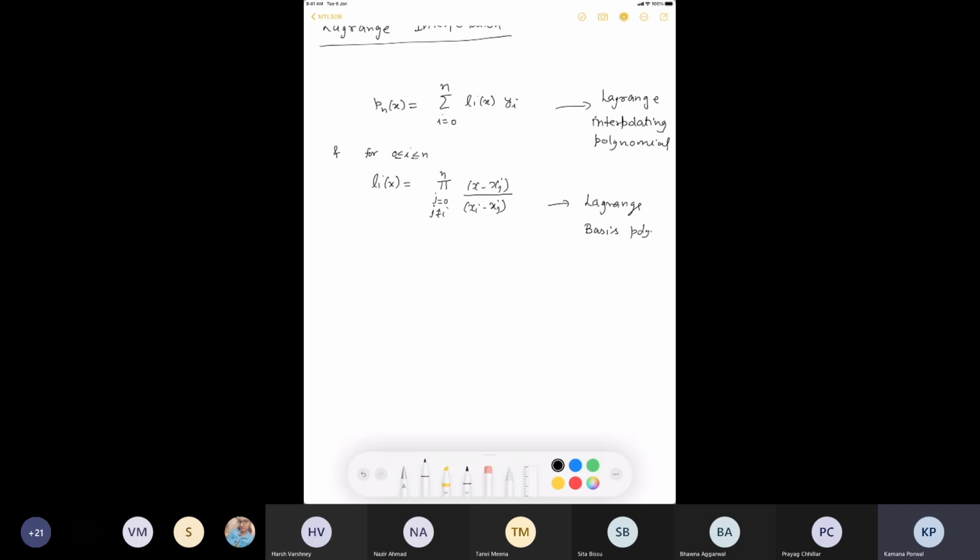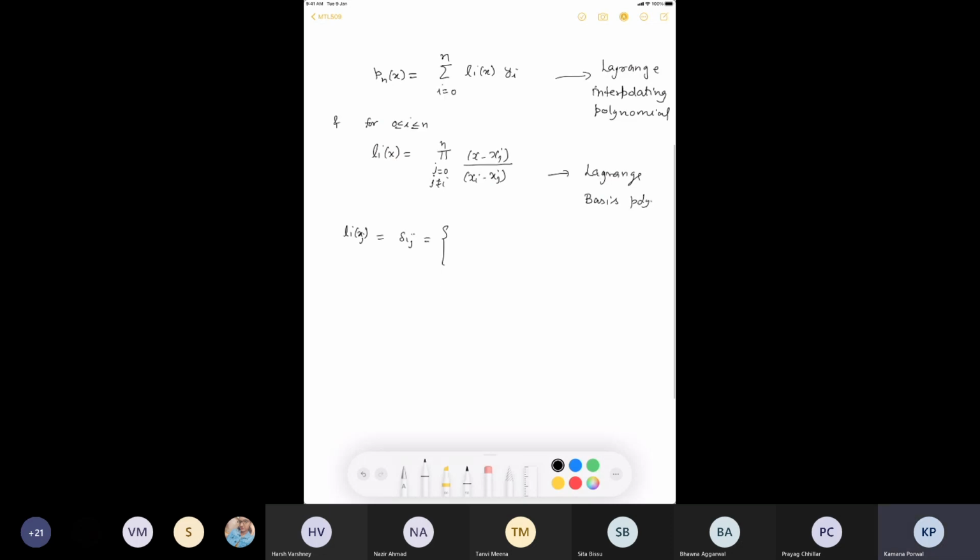So if I fix my i and evaluate Li at some xj, you can observe that this is the same as delta ij, which is 1 when i is equal to j, and 0 when j is not equal to i.